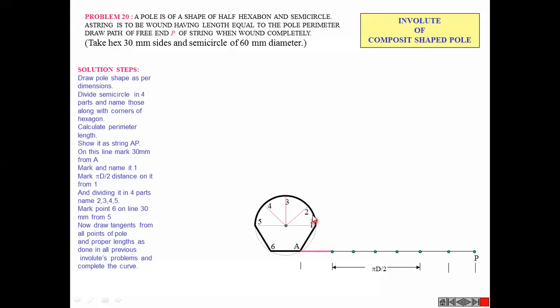Then we have 2 to 5, that is half the perimeter, half pi d, because it is a semicircle. So those are 1, 2, 3 and 4, and the length of that section is equal to pi d by 2. Then again 5 6, so we have this length equal to 5 6. And then 6A, so again we have 6A. Fine. Accordingly the same names are given here.